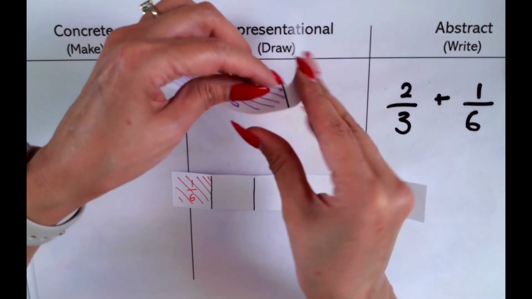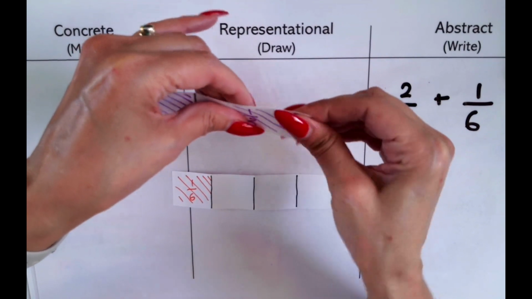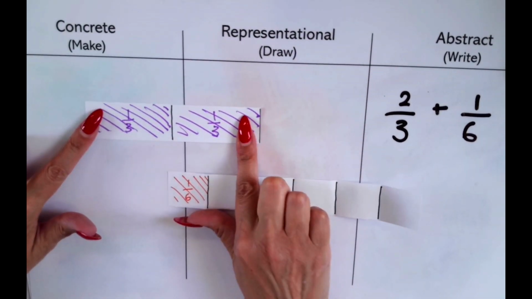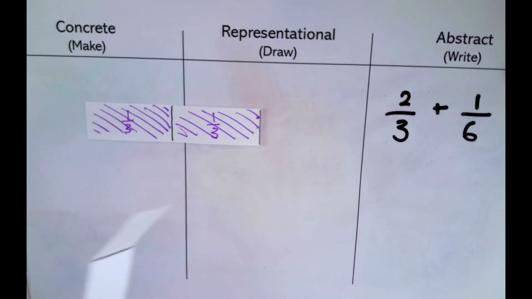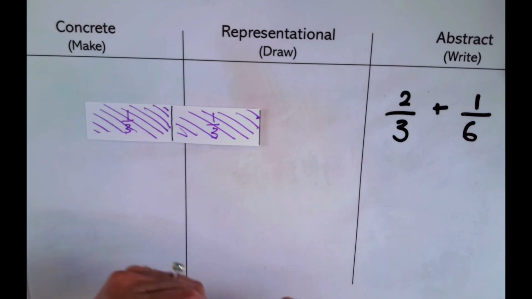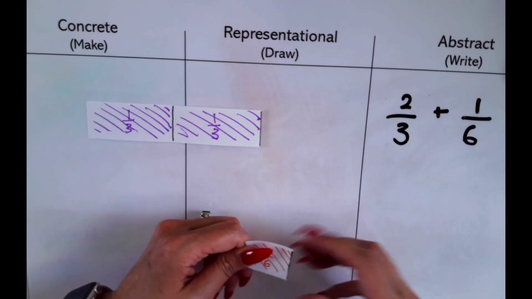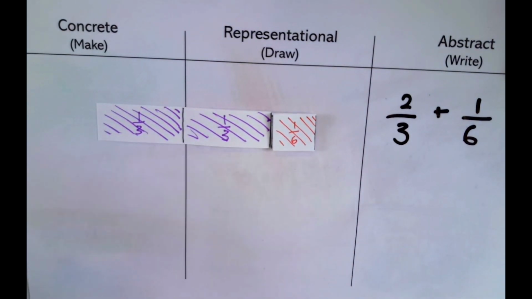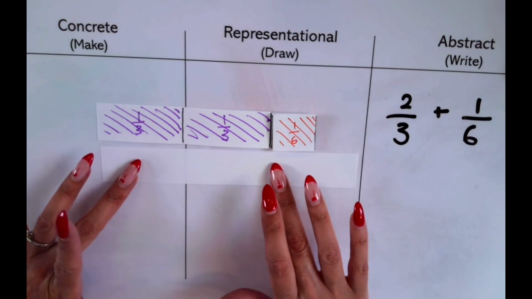Okay, so I want you then to fold it and show 2/3 and show 1/6. So what we're really doing in this equation is we're adding 1/6 to 2/3.